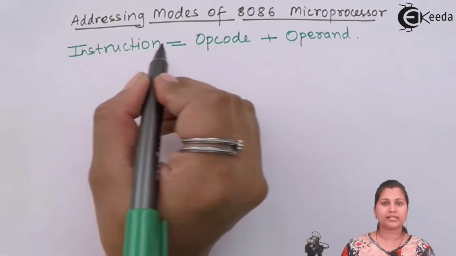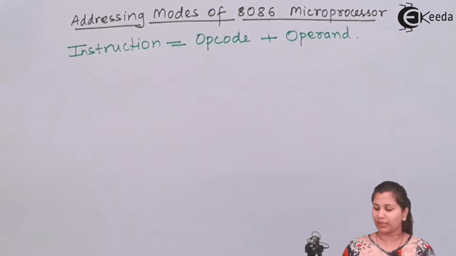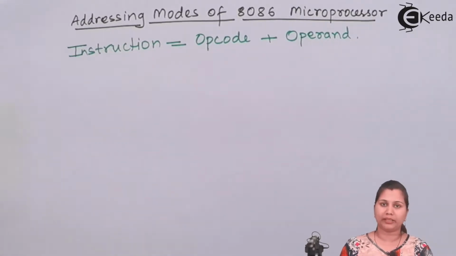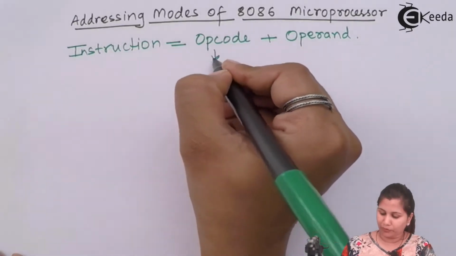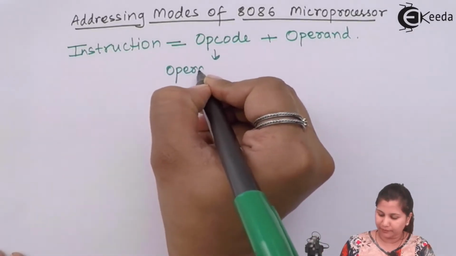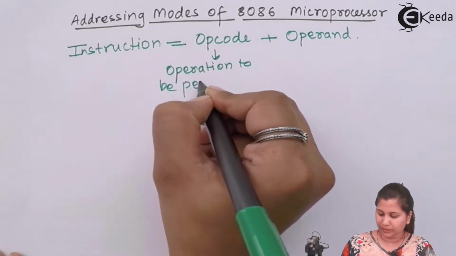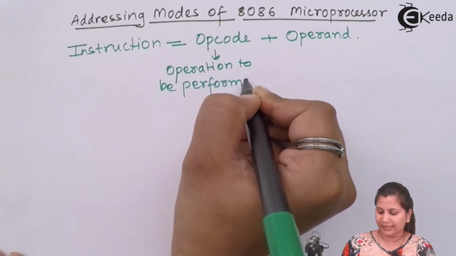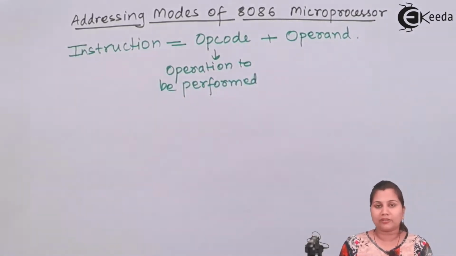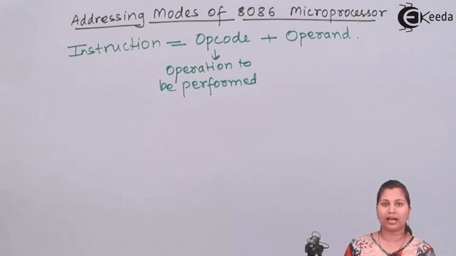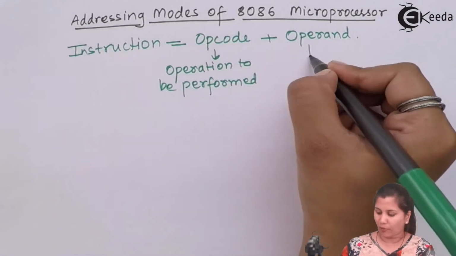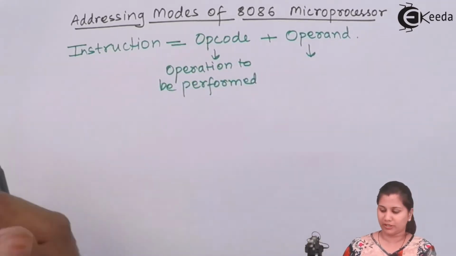The opcode is the operation which is to be performed, and the operand is the data on which the operation has to be performed. This operation can be anything, like an arithmetic or logical operation, or any type of operation which we want the microprocessor to perform. So this is the operation, and the operand is the data on which the operation is to be performed.